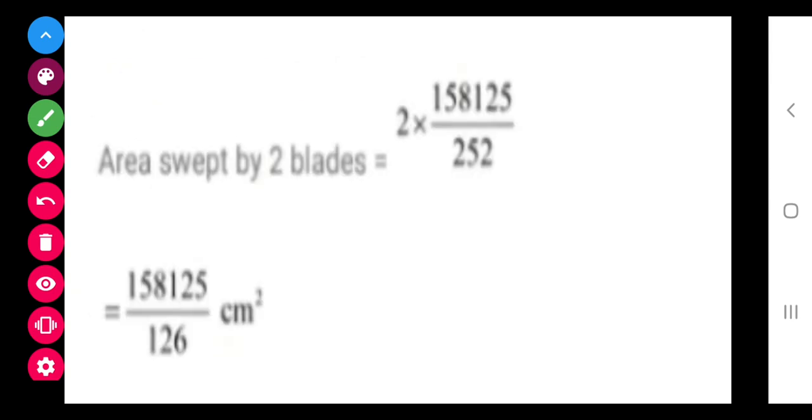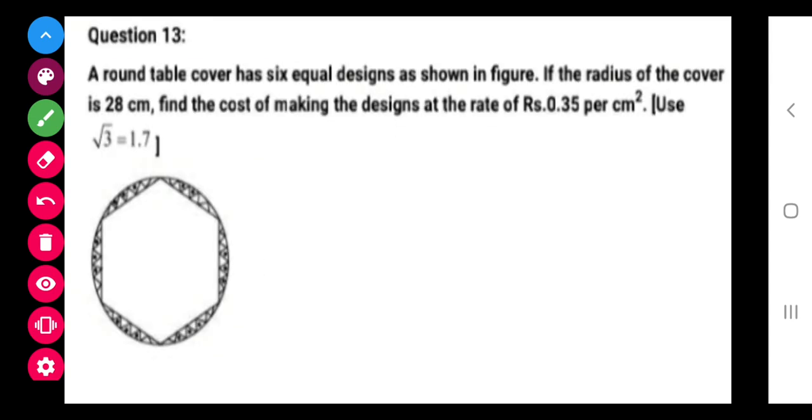Okay class. Now next is the round table cover has 6 designs. There was a table, and it was the cover placed on that table, and it has 6 designs, 1 2 3 4 5 and 6.